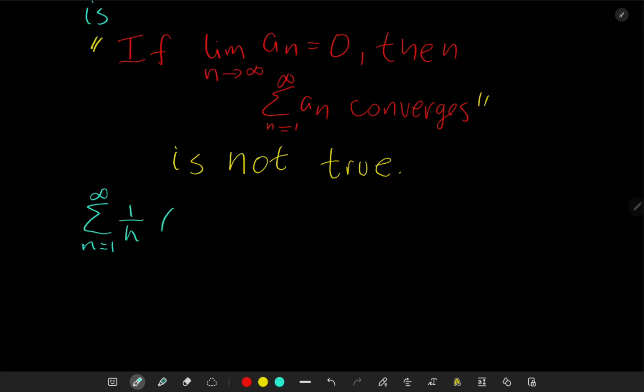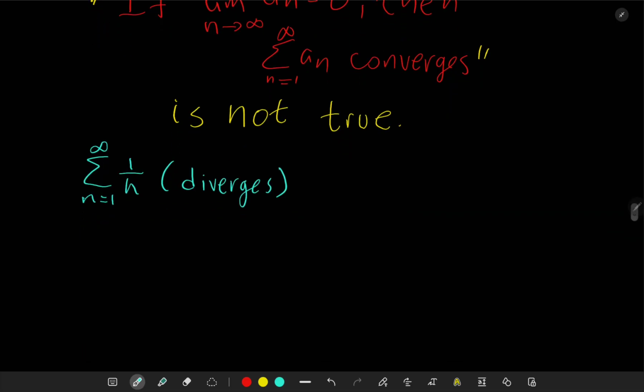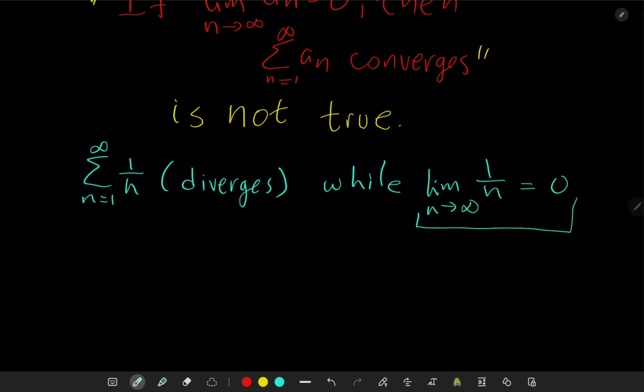We're going to prove this in a minute, but take my word for it that this diverges, while the limit as n goes to infinity of 1 over n is still 0. So you see, I can say that the limit is 0, and that doesn't necessarily imply that my series converges.